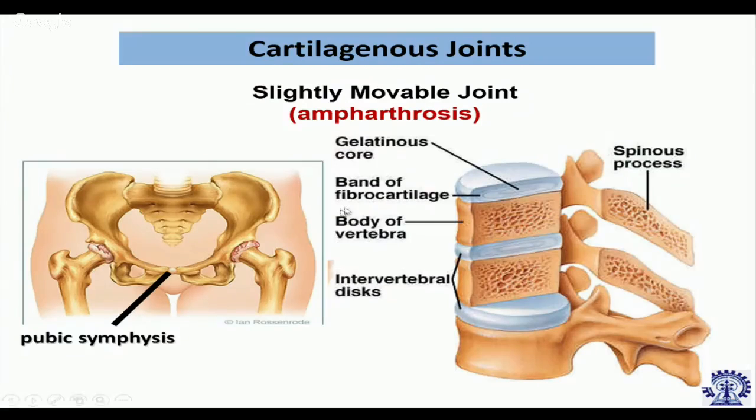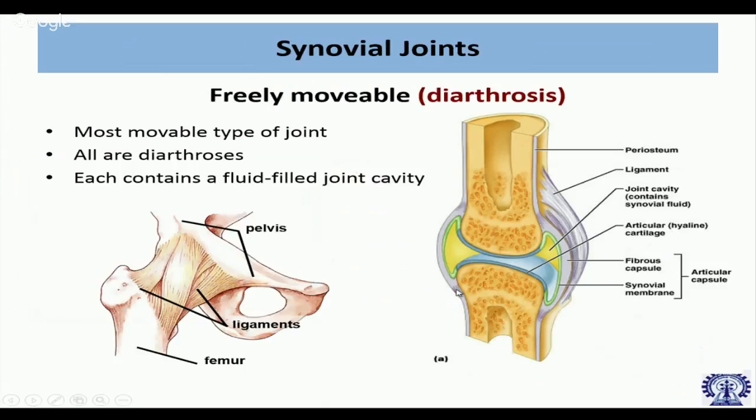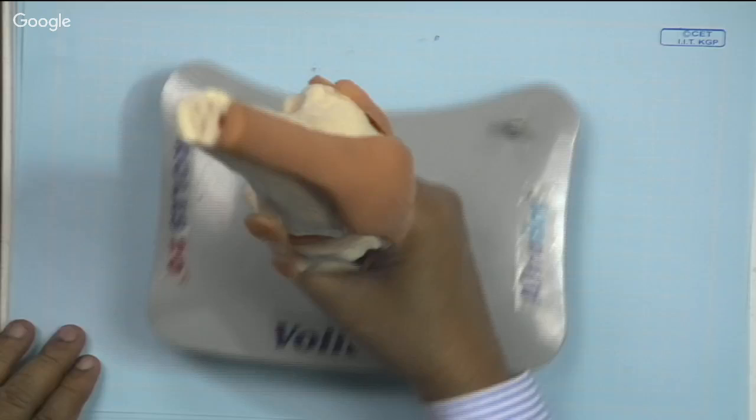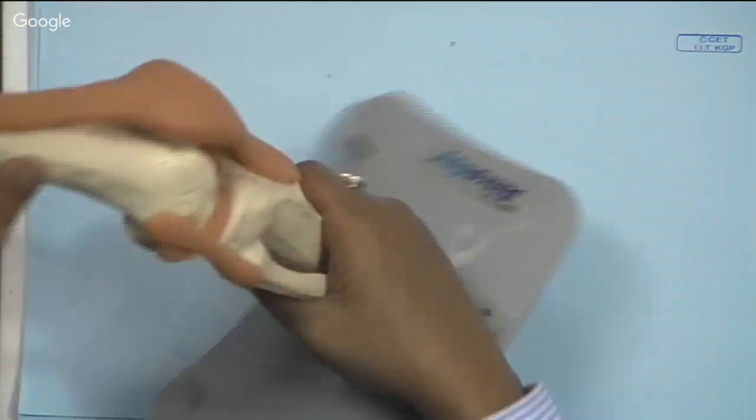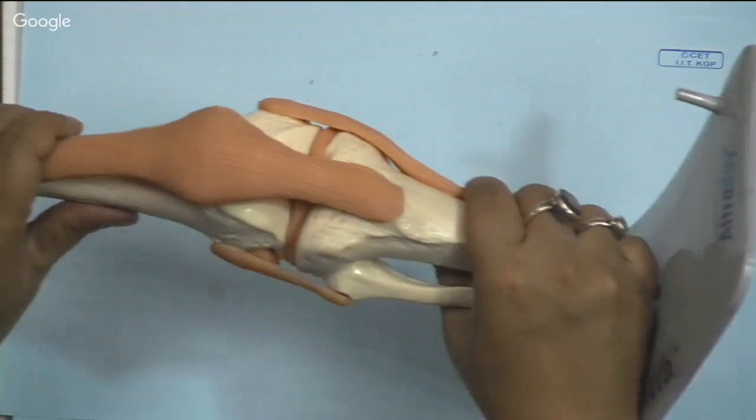We also have a band of fibrocartilage in the vertebral column. Let us now come to freely movable joints. We have the knee joint, as you can see here, and this actually moves.